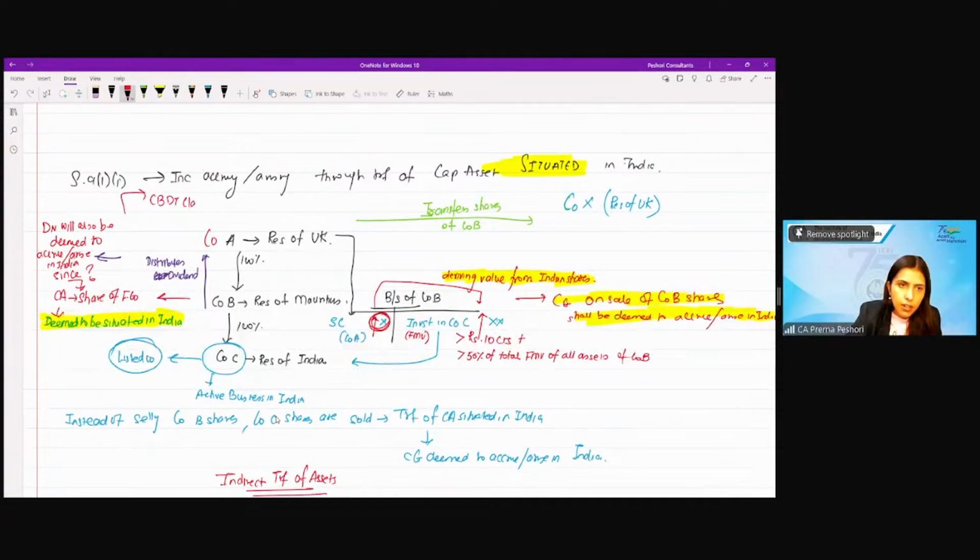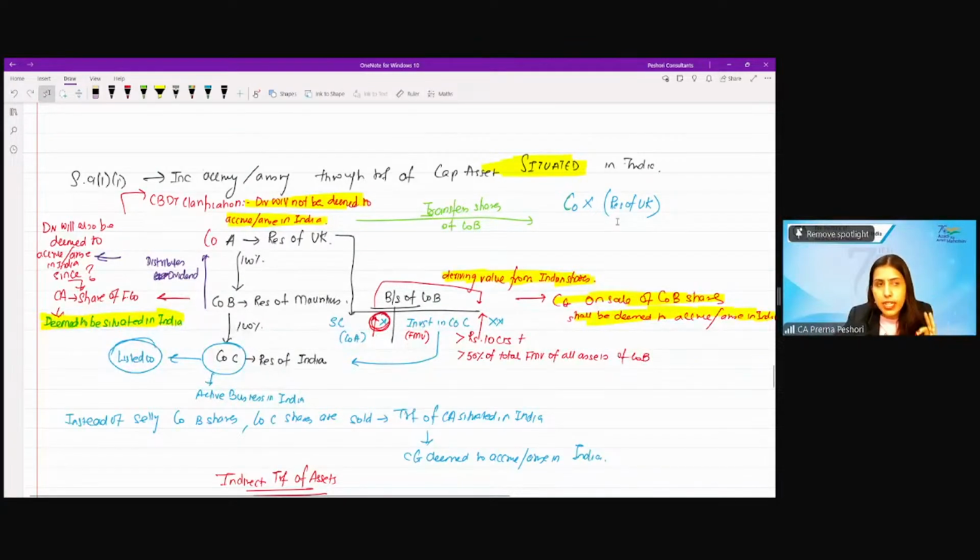CBDT clarification: dividend will not be deemed to accrue or arise in India. So that completes your indirect transfer.